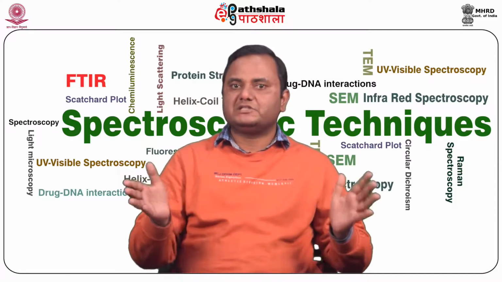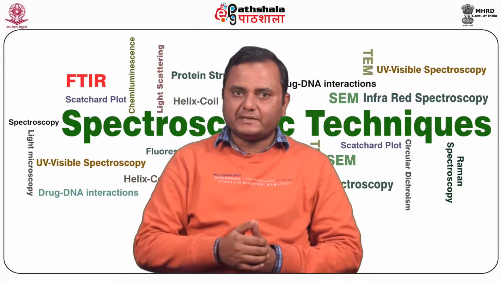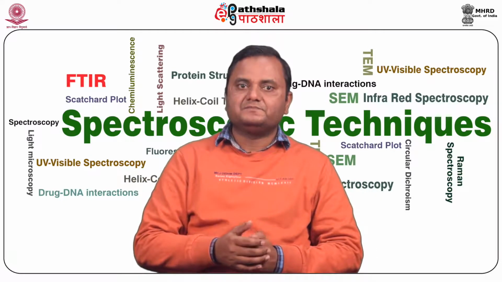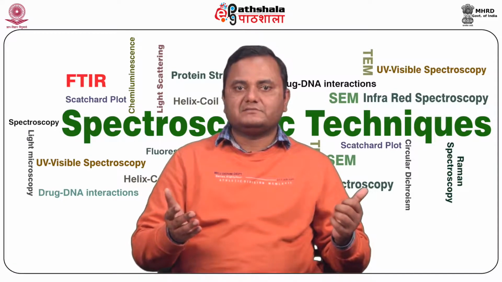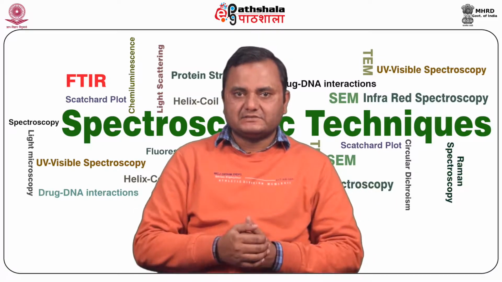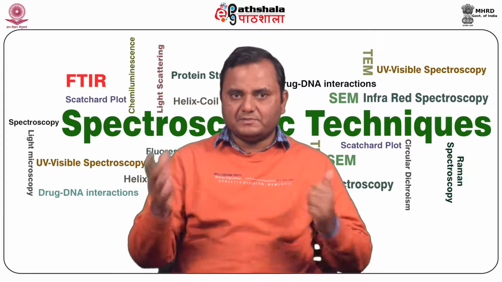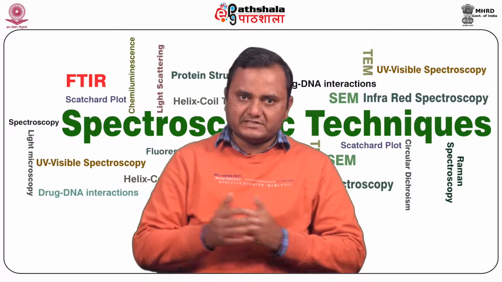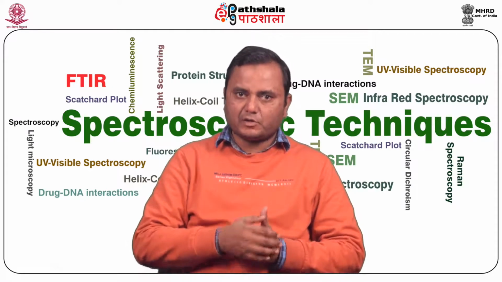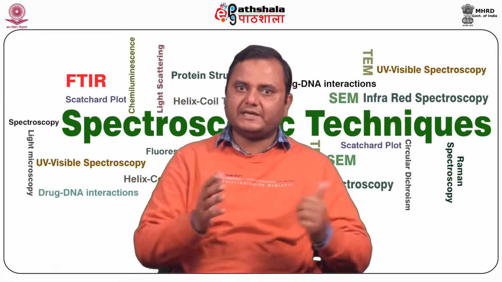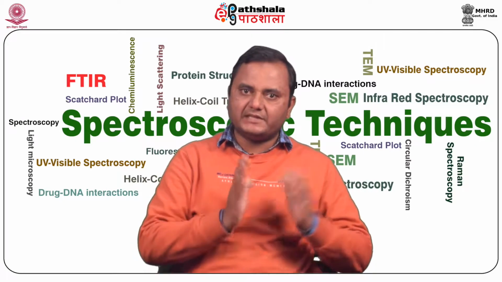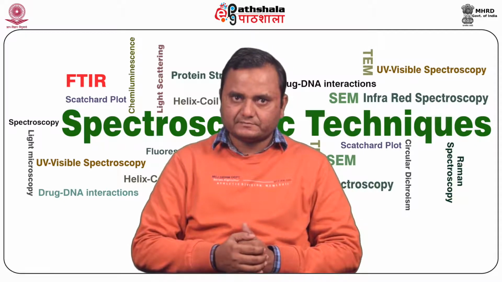The protein concentration is generally 0.5 milligram per ml, the stabilizers such as metal ions should be minimum, and the buffer concentration should be 5 millimolar or as low as possible, which can maintain the protein stability.